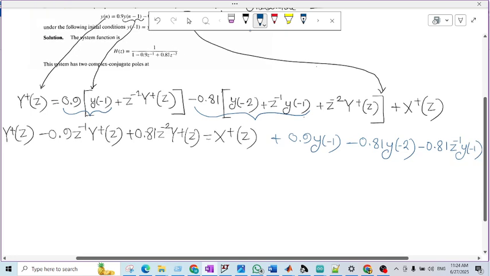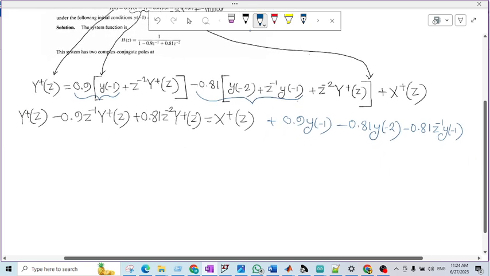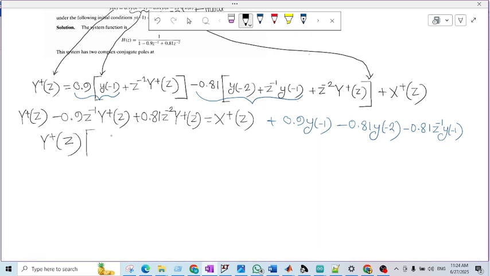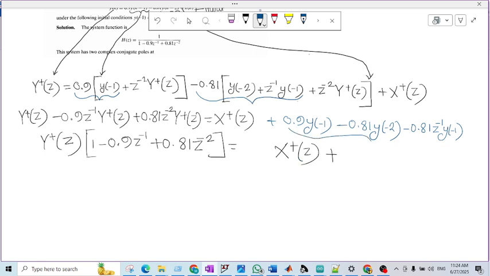Okay, now I have to take Y plus (z) common. So I will get 1 minus 0.9 z inverse 1, plus 0.81 z inverse 2, and here you have X plus (z), and you have the initial conditions here. Write it as it is.